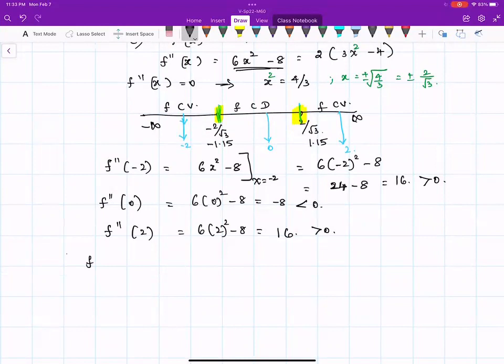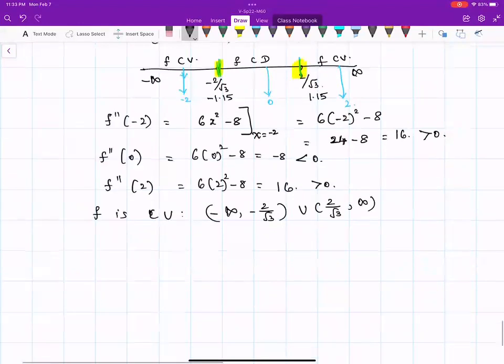So we have to find out the inflection. Before that, we will write down where the concavity occurs. F is concave up on the interval negative infinity through negative 2 over radical 3, also union 2 over radical 3 comma infinity. This is for concave up.